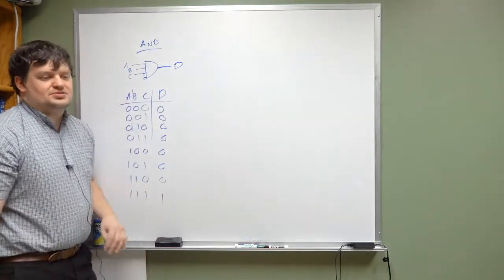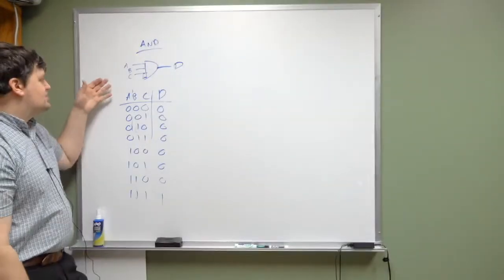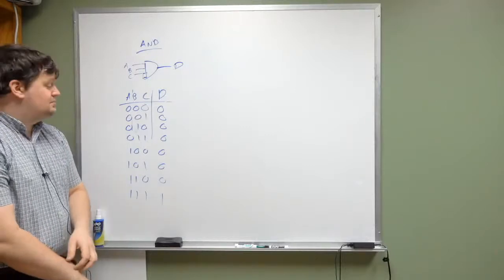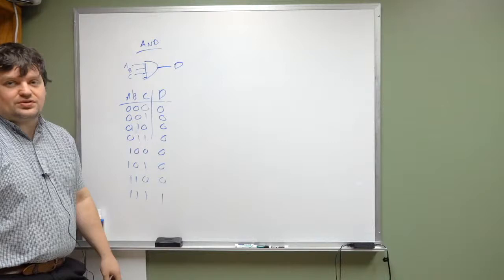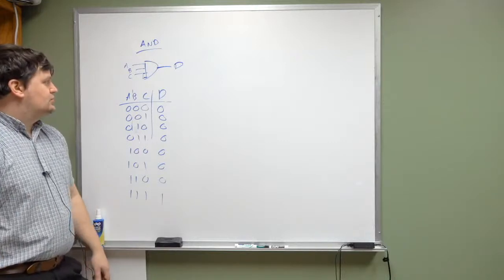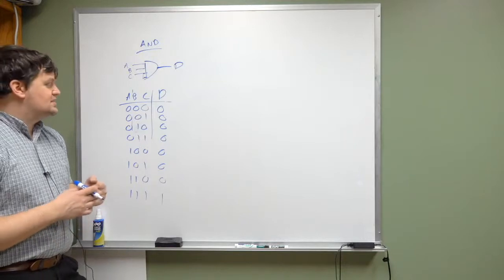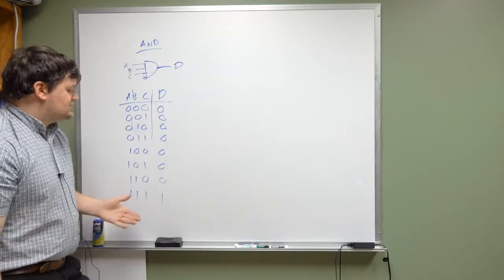And that's the truth table for this. Because there are 3 inputs, there's going to be 8 rows to the truth table. So that's awesome. Easy peasy.